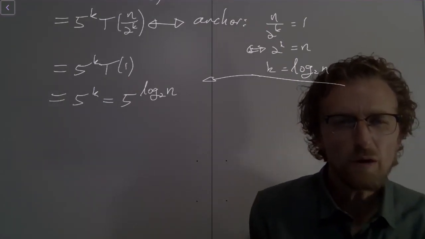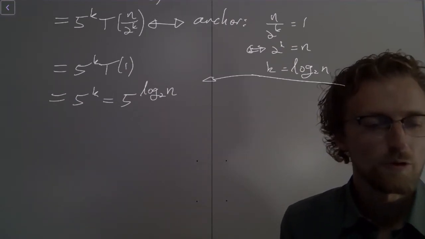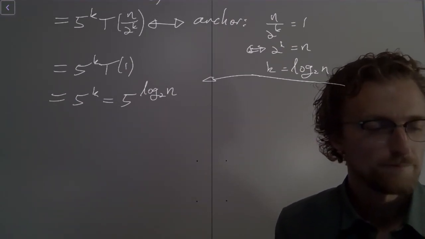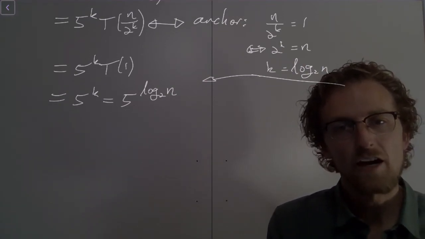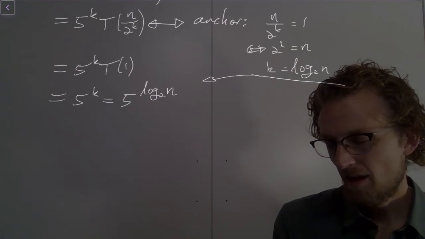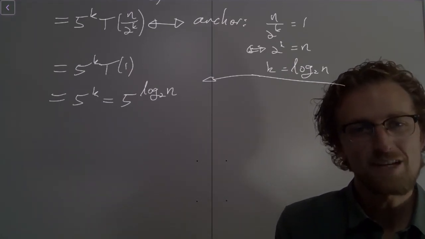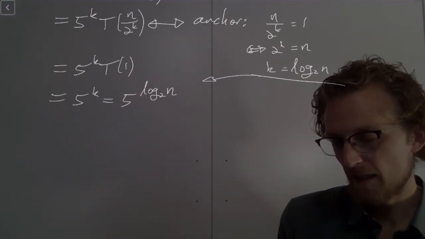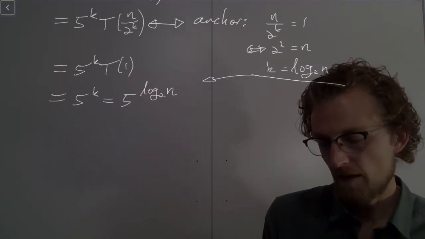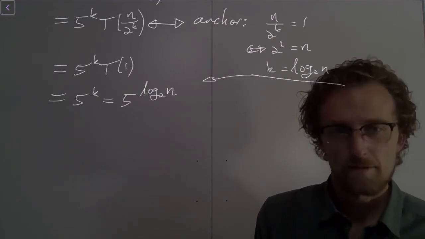Okay. So now what do I do with this? How is this a useful object? Well, it turns out that we can apply another log rule, and we can actually swap the locations of the n and the 5. So it turns out that this exactly equals n to the log base 2 of 5.